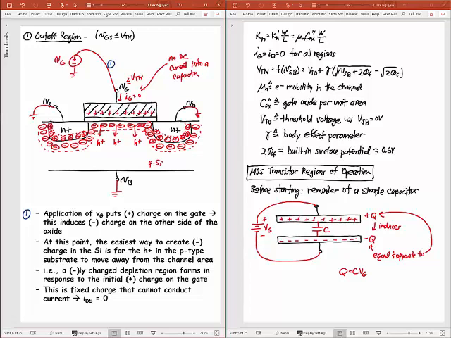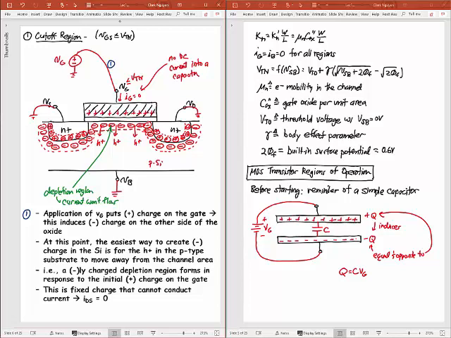Because this region in here is a depletion region. That means current doesn't flow. Current won't flow. I can put whatever voltage I want across VD to VS. Nothing's going to flow there because I don't have any free electrons or free holes to move that current across.